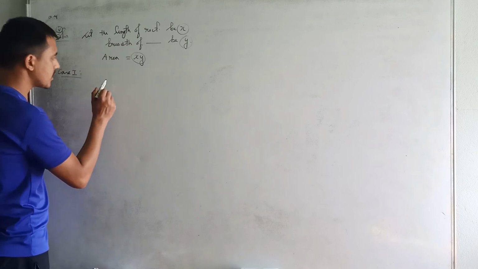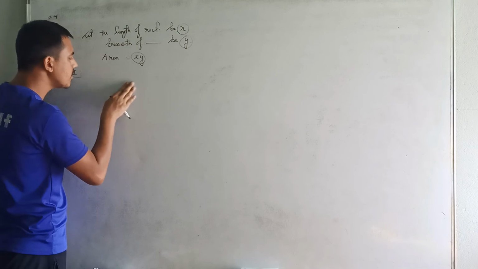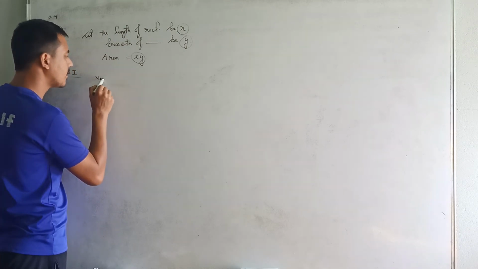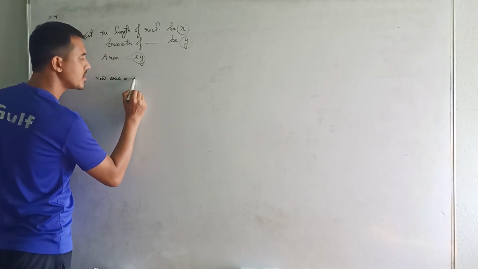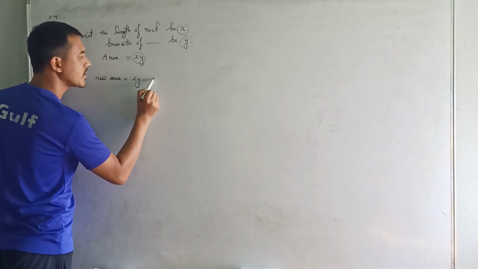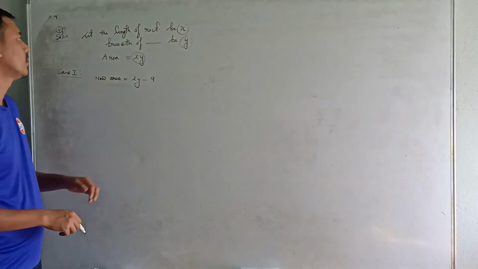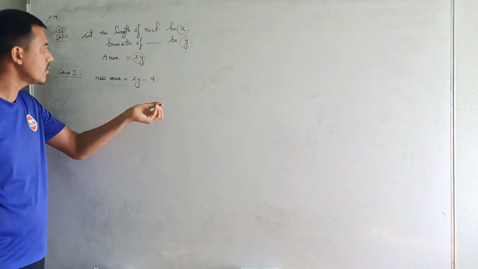So question says your area gets reduced by 9 units. So your new area will be, from your original area you need to subtract this 9 units, right?